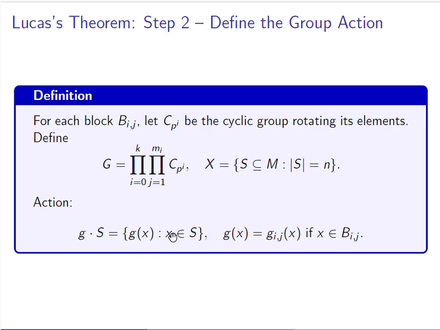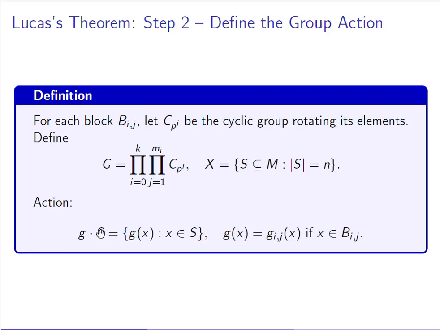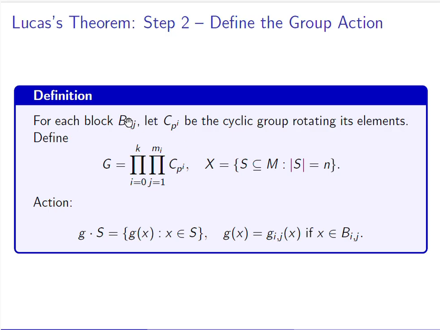Well, X is a subset, so for each element in S, g acting on S is just g_ij x if x is in this block. So essentially what it's saying is that you look at your set S, you pick an element which is in that S. If it belongs to, say, this block here, then there is a cyclic group for this block.